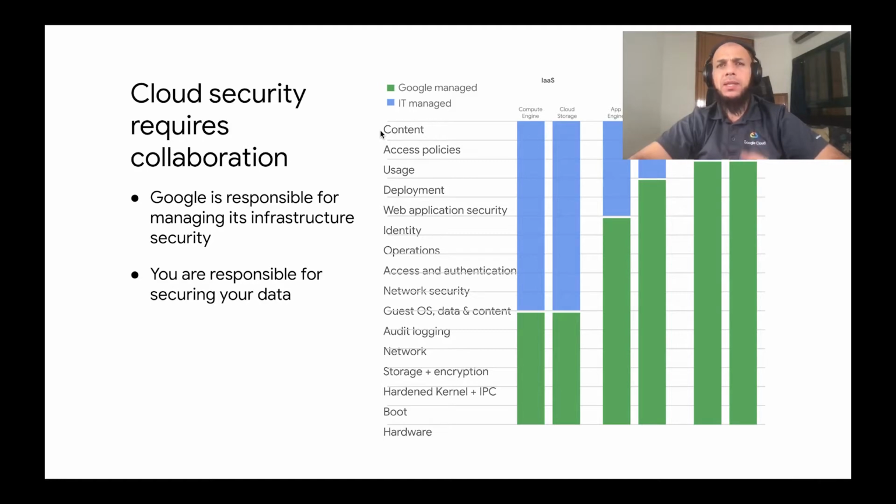In that case, the lower-level layers of the security stack are Google's: the data center that hosts the VMs, the storage and encryption, the audit logging. Then moving to authentication, network security, identity, web application security, deployment of applications, access policies and the content of data, all of that would be the responsibility of the customer.